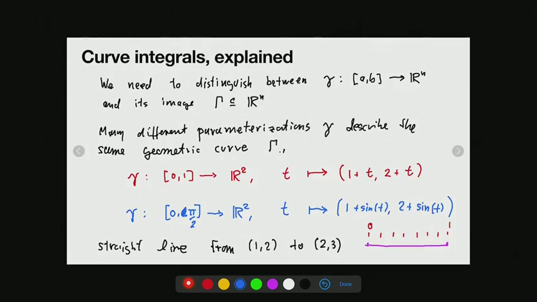We start at 0, and the sine goes from 0 up to pi over 2. If we try to set marks along that line, it will first go up fairly quickly. If we set equal dots on the interval from 0 to pi over 2 and plot them along the straight line, we see that first we move fairly quickly, but then the speed gets slower and slower.